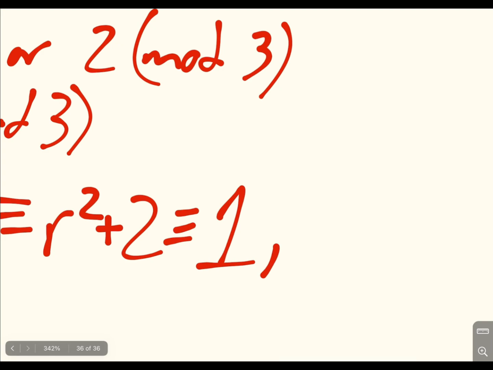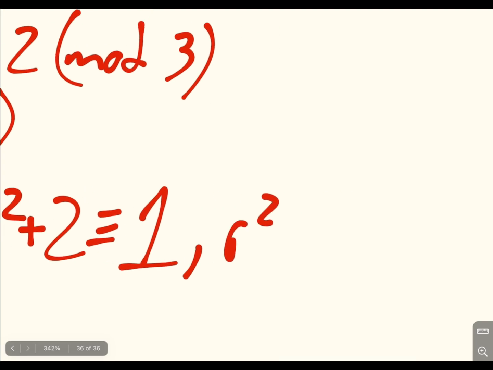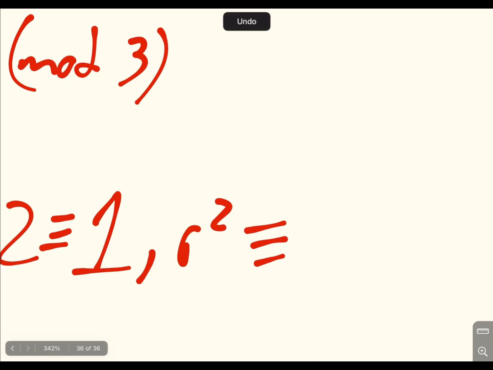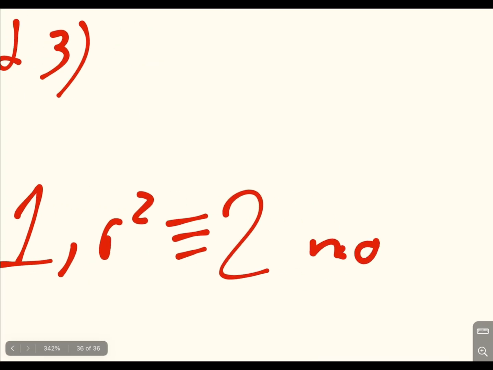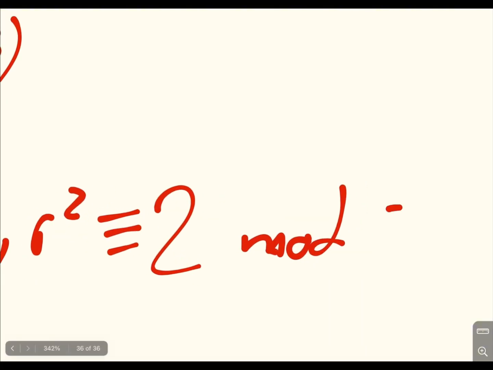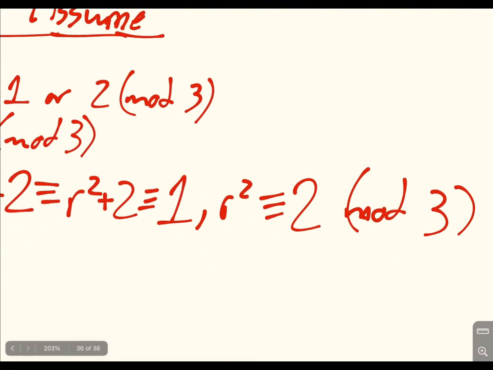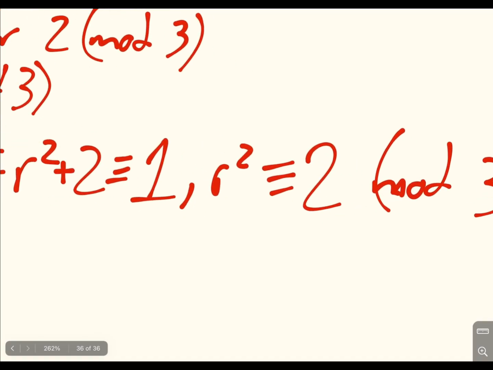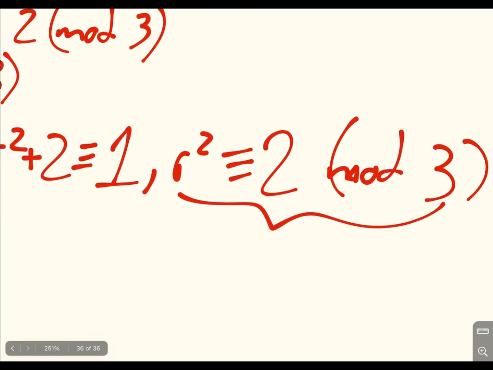And then this means that r squared is equal to 2 mod 3. But this is a contradiction, right? Because any square that isn't a multiple of 3 is always going to give remainder 1 mod 3. Any number squared is going to be a remainder 1 mod 3 except multiples of 3. So this is a contradiction.